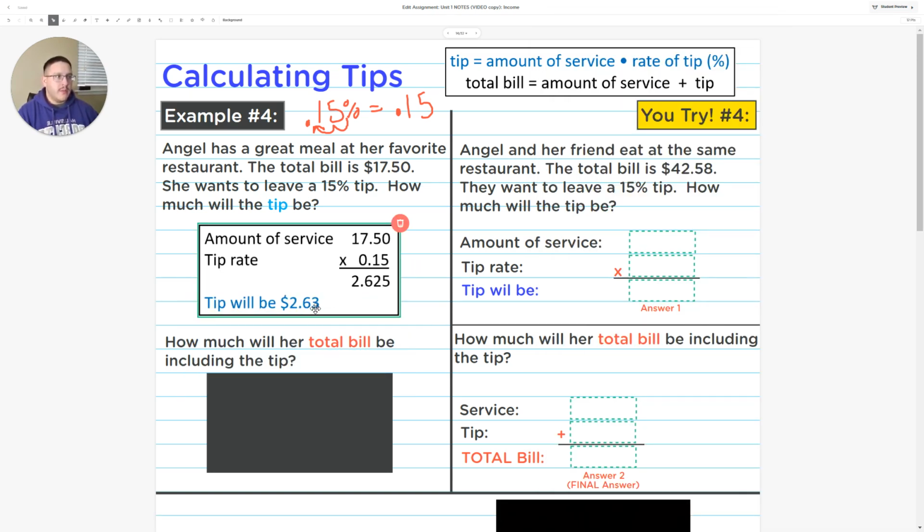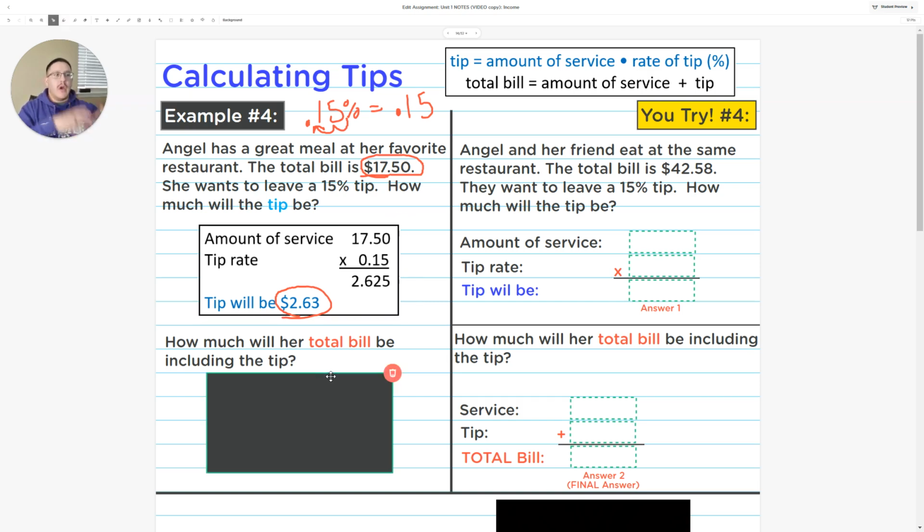$2.63. So sometimes within this question, they also ask what will the total bill be, including the tip. So from our previous part, calculating the tip, which was $2.63, we add that with the $17.50 from the bill.